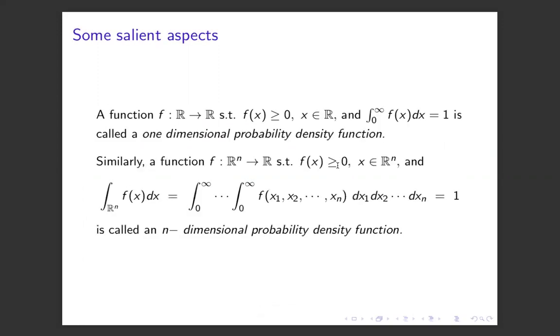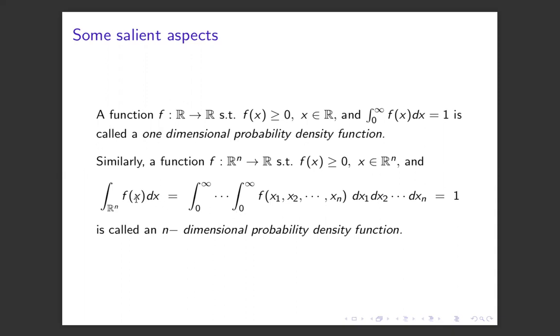Similarly, the n-dimensional probability density function. In this case, the function is from the n-dimensional Euclidean space, namely R^n, into the real line such that once again, f of x is greater than or equal to 0 for all x in the domain, and the integral of f(x) over R^n, the n-fold integral, is 1.